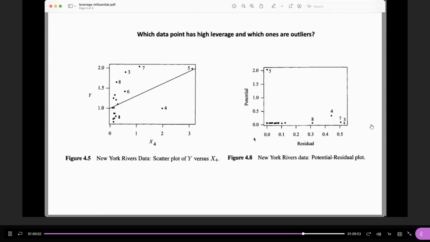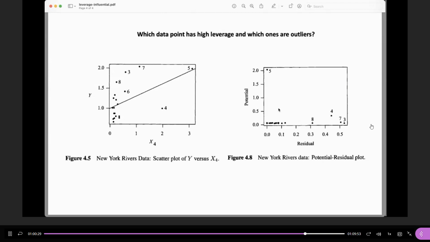Are they outlying? Yeah, they are outlying, okay? So the conclusion we can draw from the plot on the right is 0.5 is a high leverage point. Points 3, 7, 4, 8, these are the outliers, okay?